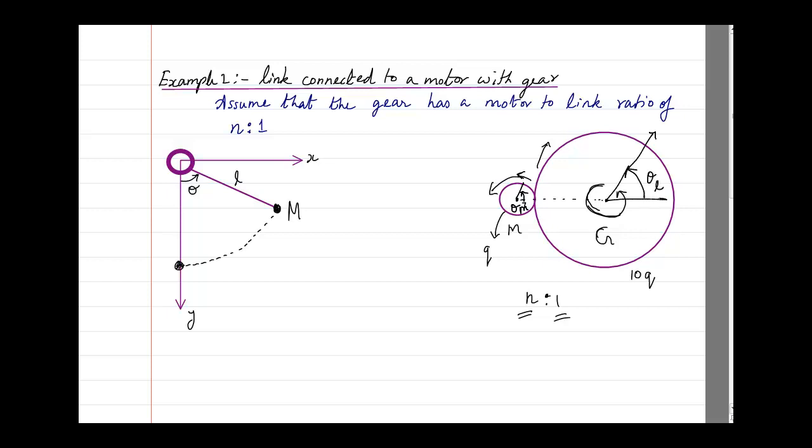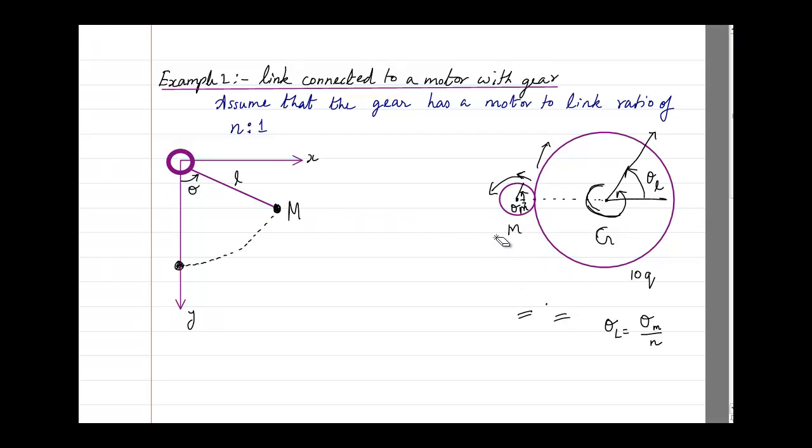Then theta m and theta l have a relation: theta l will be theta m divided by n. This is something that we should not forget.